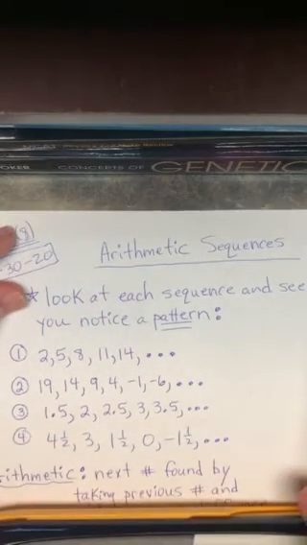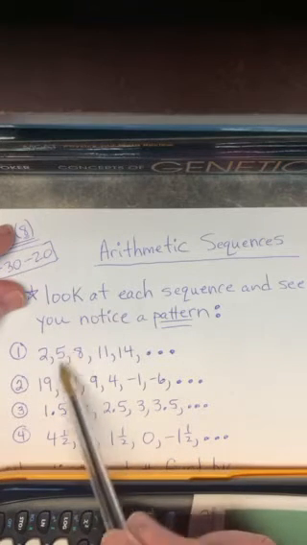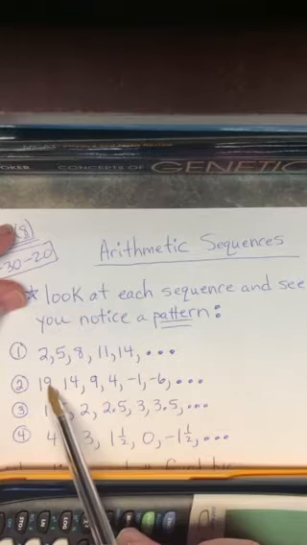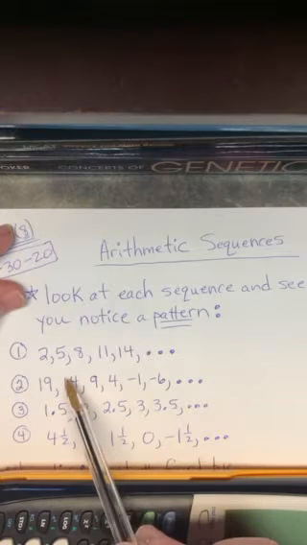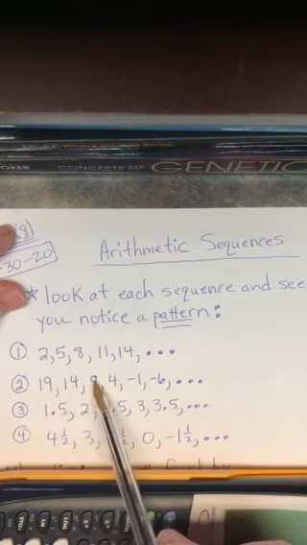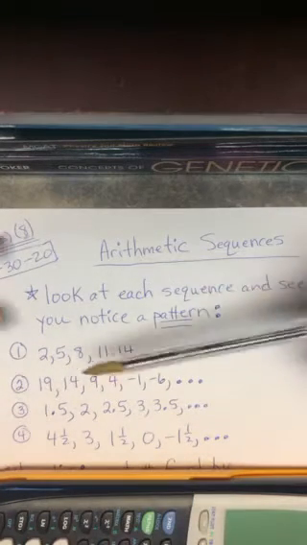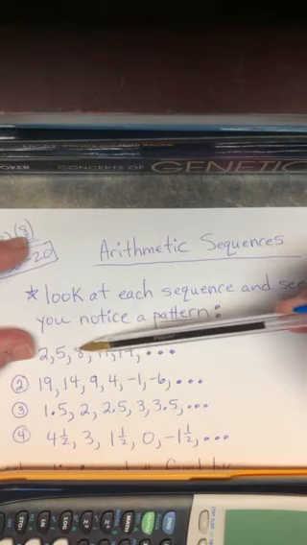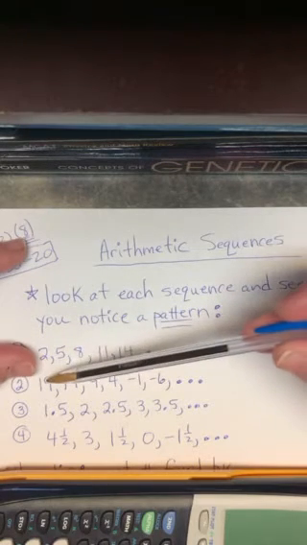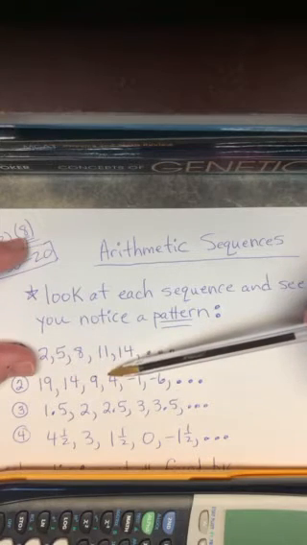So what I want you to do, now look at number 2. Instead of adding 3, I know what you're going to be tempted to say on number 2. You're going to be tempted to say, hey, we're subtracting 5. Never say subtract. If the numbers are getting smaller, we must be adding a negative number, agreed? So just like number 1, you guys said, let's add 3, add 3, add 3. Here I want you to say, add -5, add -5, add -5.